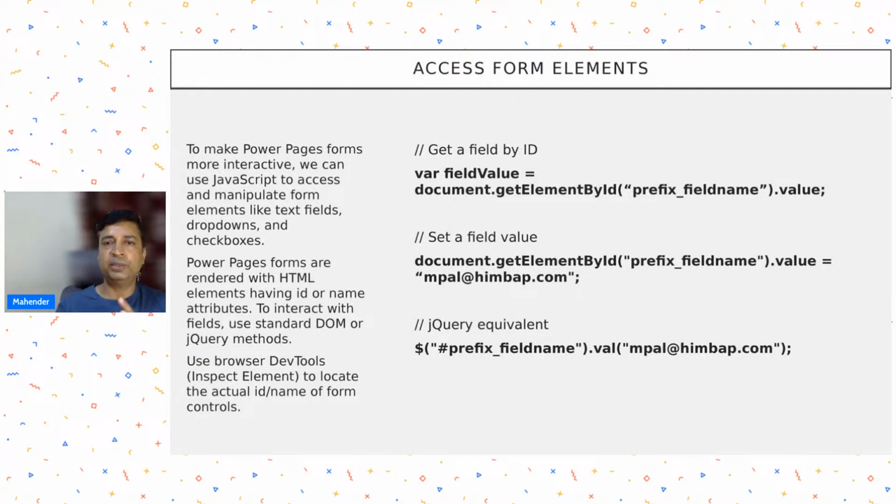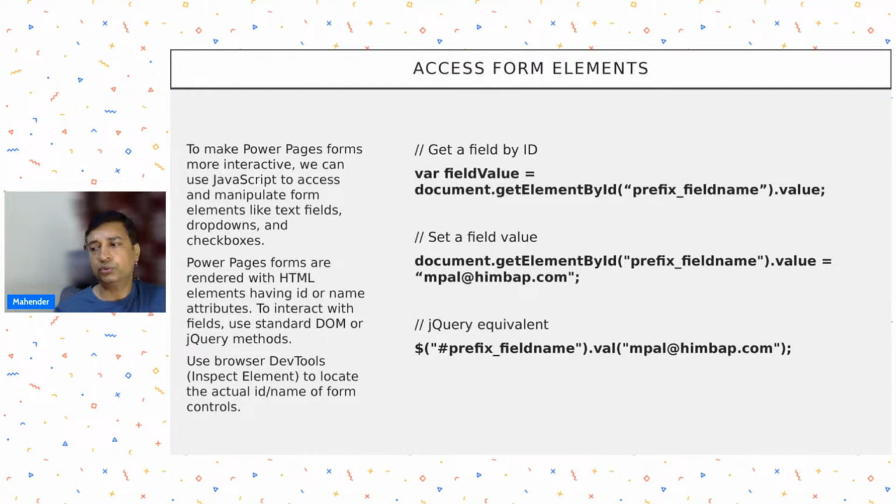So for example, if you want to check whether the value that the user has entered there is valid or not, in order to get that value you can use this option. And similarly, if you want to set that value, you can use the same thing to get that element, and then you can set it using the value and assign directly whatever value you want.